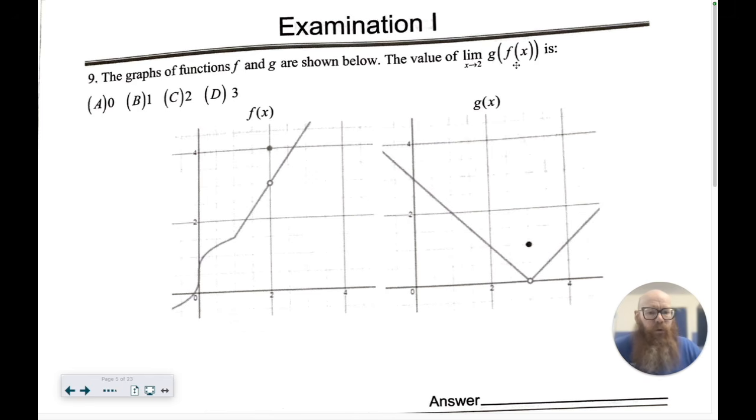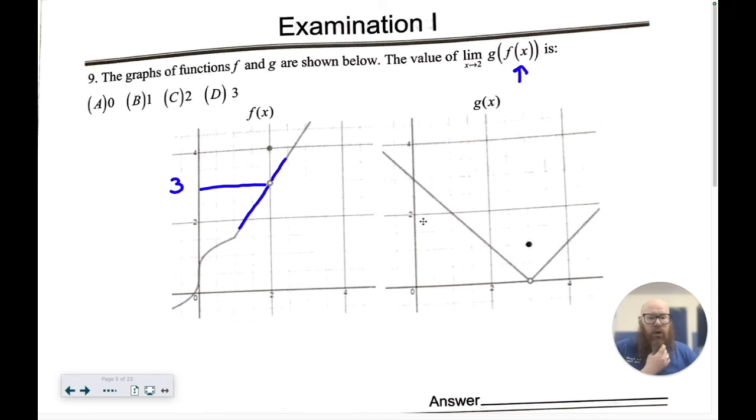So we want to look at the inside function first. The limit as x goes to 2 of the inside function, from the left and from the right, is going to meet up at this hole, which is 3. So as x gets closer to 2, the inside function outputs are getting closer to 3.